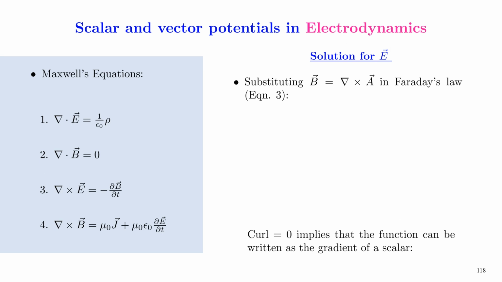For that, let us substitute B equal to del cross A in Faraday's law, that is, in equation number 3. Equation number 3 is del cross E, which is equal to negative of dou over dou t of B, which is del cross A. And this is equal to negative of del cross dou A over dou t.